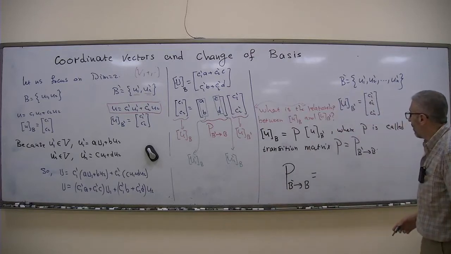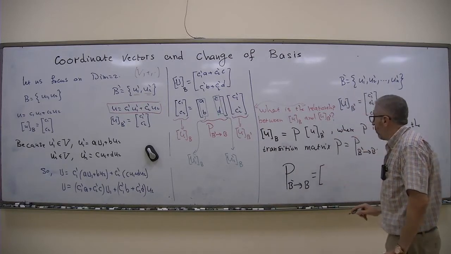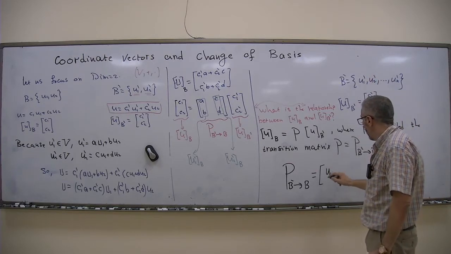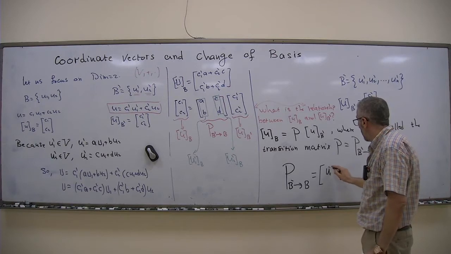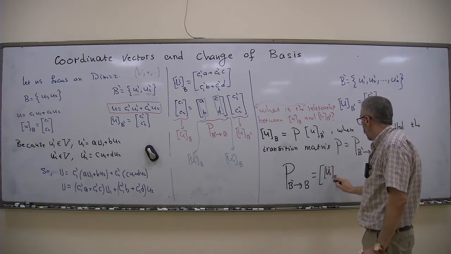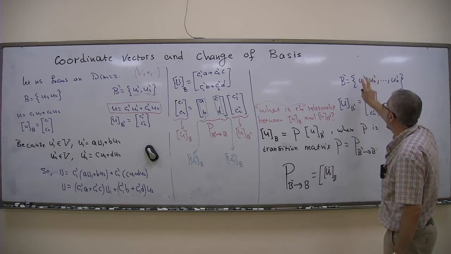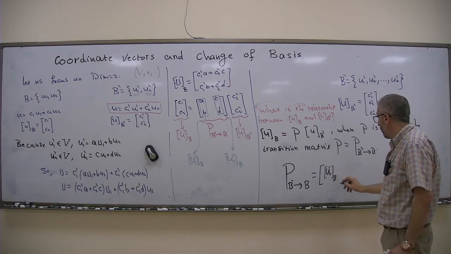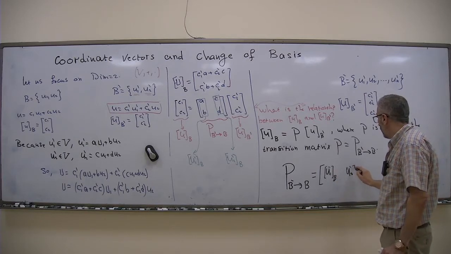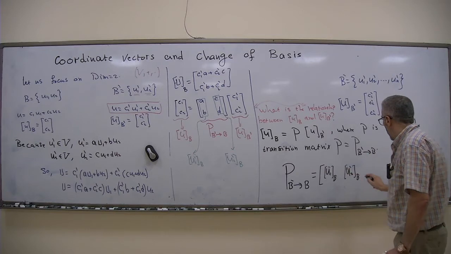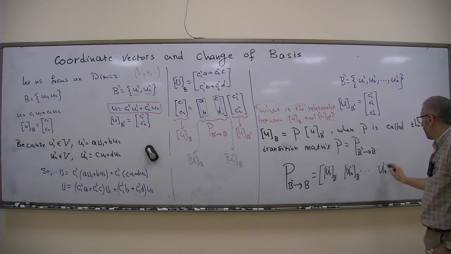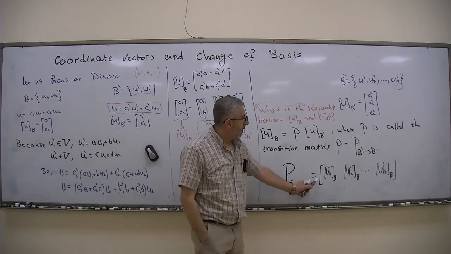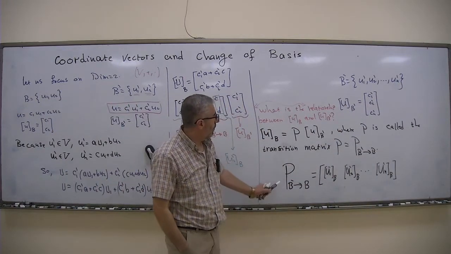In that case, this is going to be the matrix you get from writing the vectors of the second basis using the first basis. So that is U1 prime with respect to B, U2 prime with respect to B, and Un prime with respect to B. That is the structure of that transition matrix, okay?